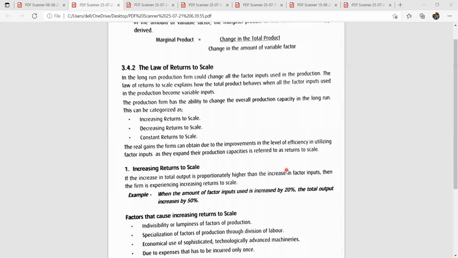The real gains the firm can obtain due to the improvement in the level of efficiency in utilizing factor inputs as they expand the production capacities is referred to as return to scale. So first point, it says increasing return to scale.